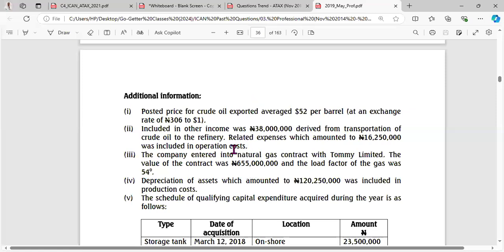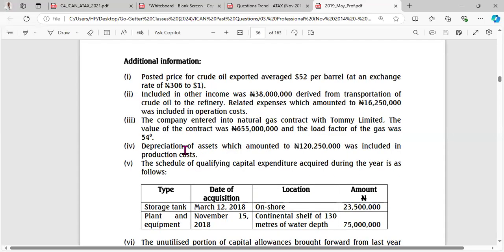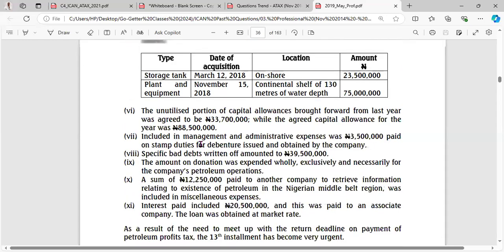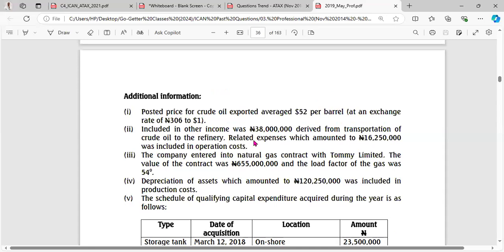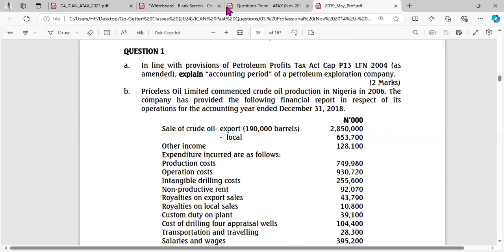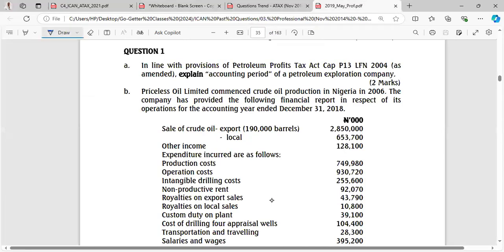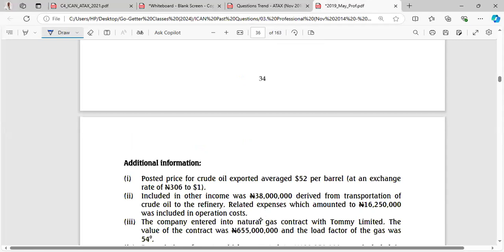We don't see anything here for local sales. So what we'll do now, we come to local, we'll put the 653,700. Local 653,700. Okay, so we are done with this and this. Then we are also done with this.